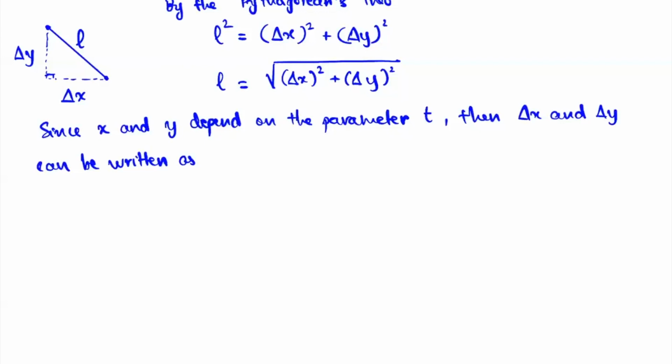So delta x now can be approximately equal to x prime of t times delta t, and delta y approximately equal to y prime times delta t.